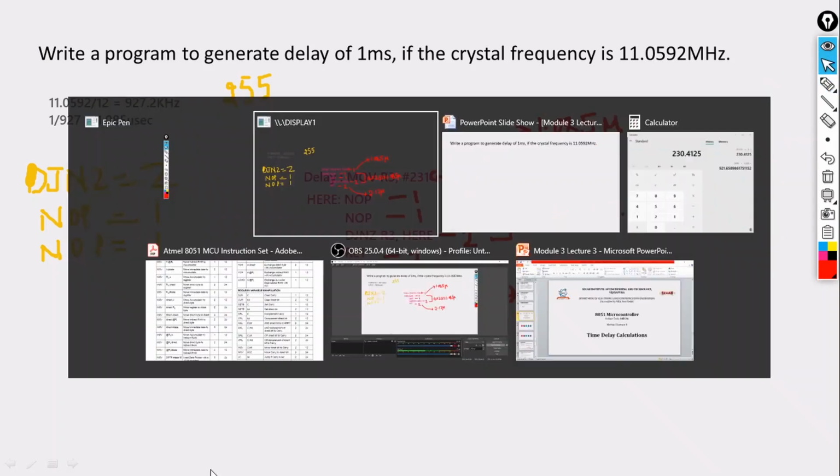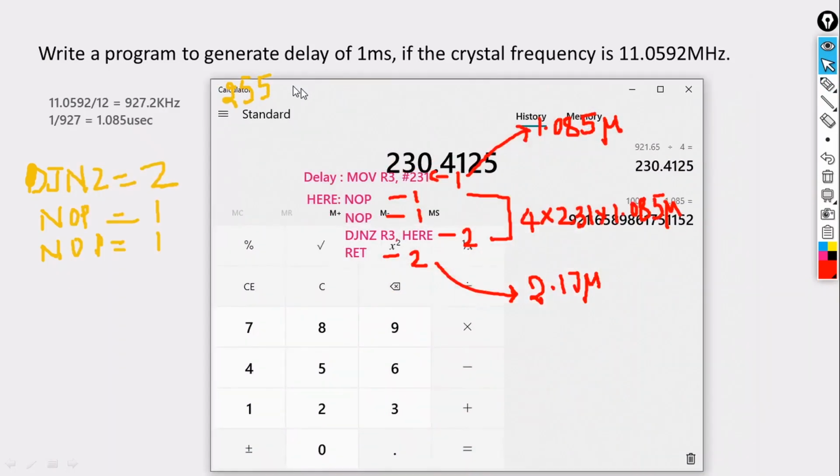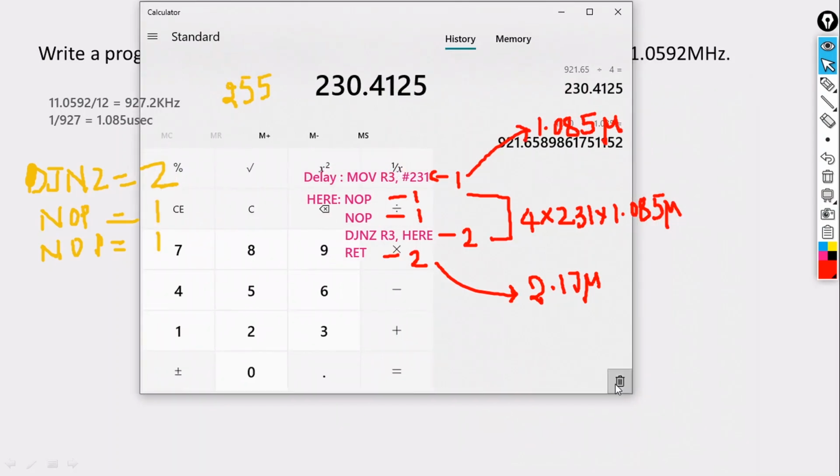Let me open up our calculator again. This is going to be 231 into 4 into 1.085, which gives 1002.54, plus 1.085 plus 2.17.